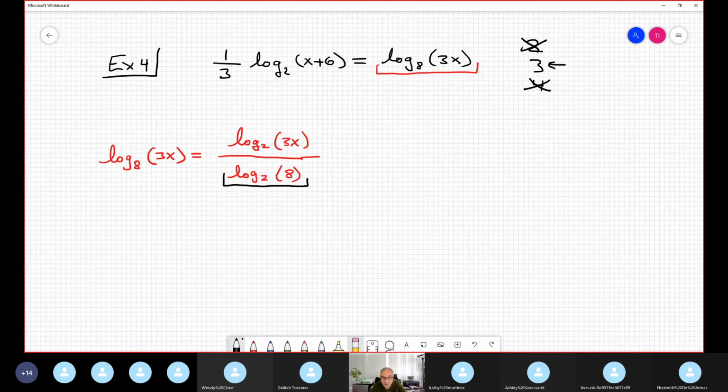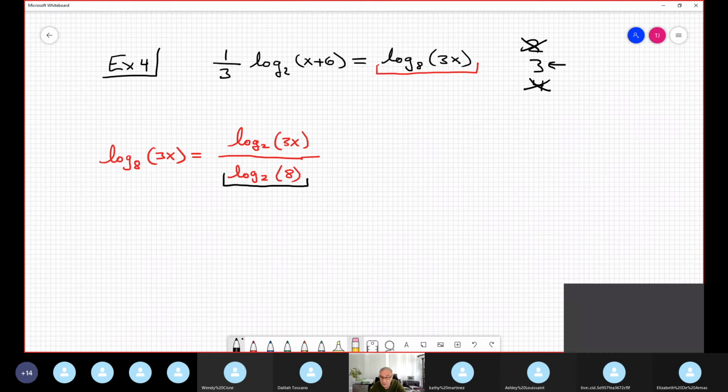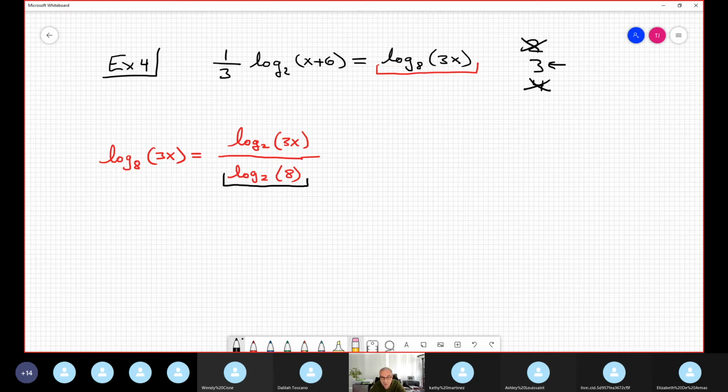Let me prove it. What happened to you? You don't understand logarithm, right? You have to understand it if you want to pass. Remember, we have two options, calculator or by hand.